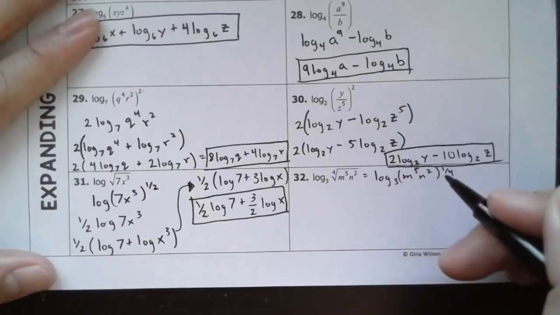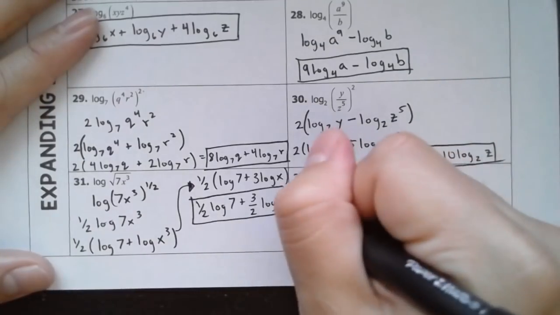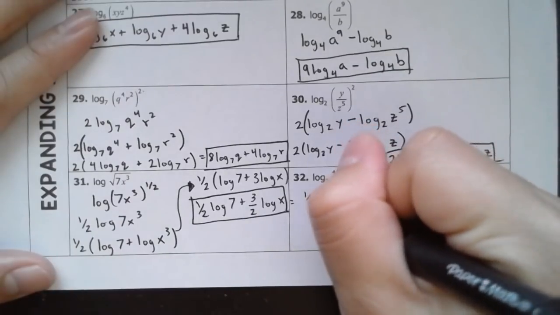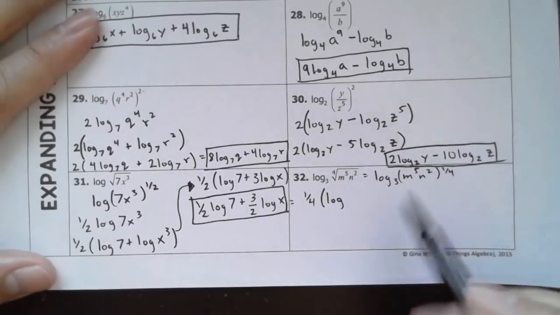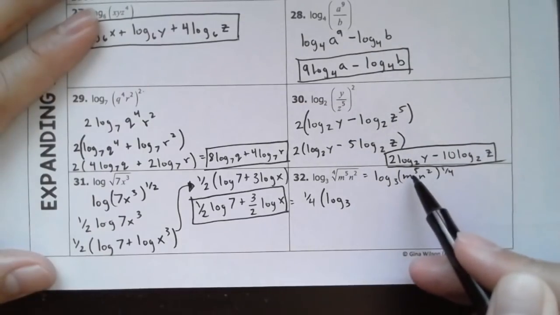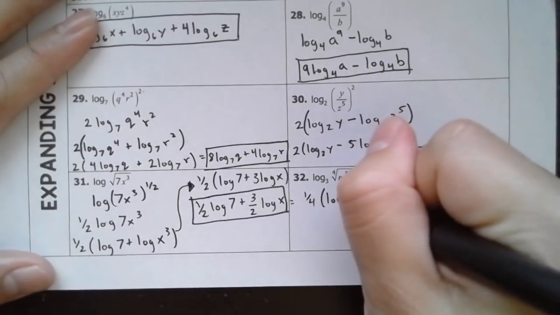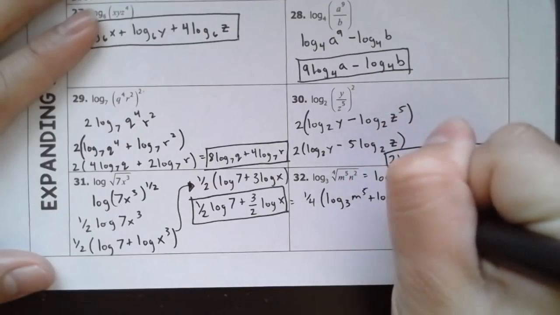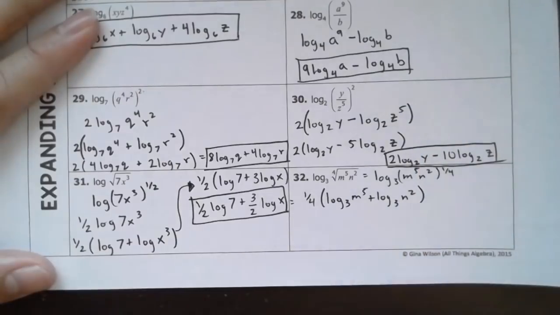Then I can move the 1/4 over to the front, so I have 1/4 of log, I'm going to use my parentheses, log base 3, and I'm going to split because we have a product here, so it becomes addition of m to the 5 plus log base 3 of n squared.